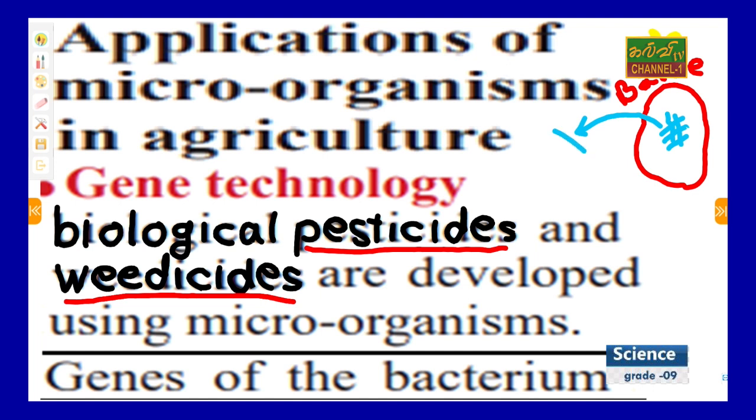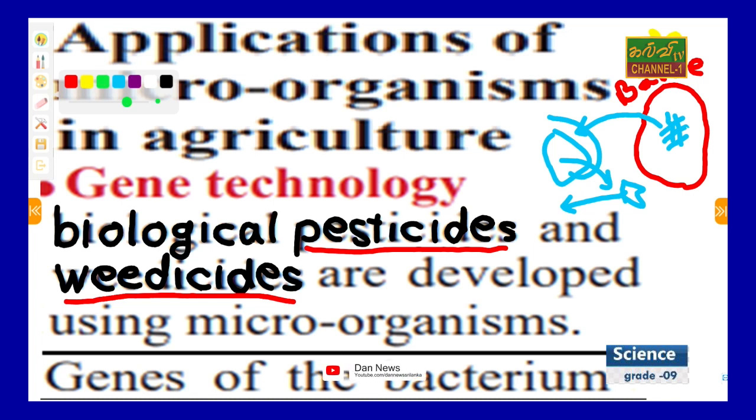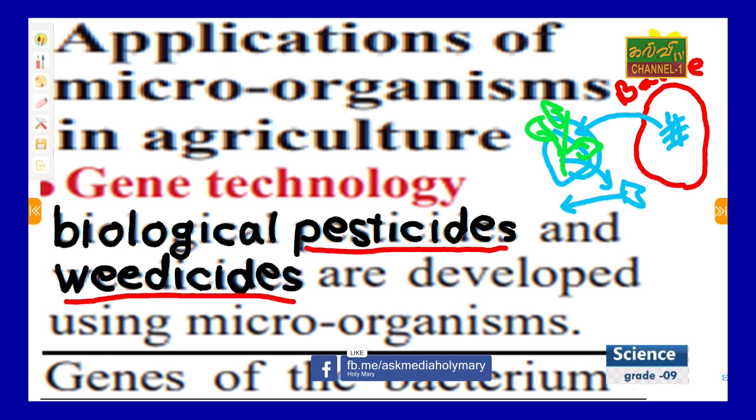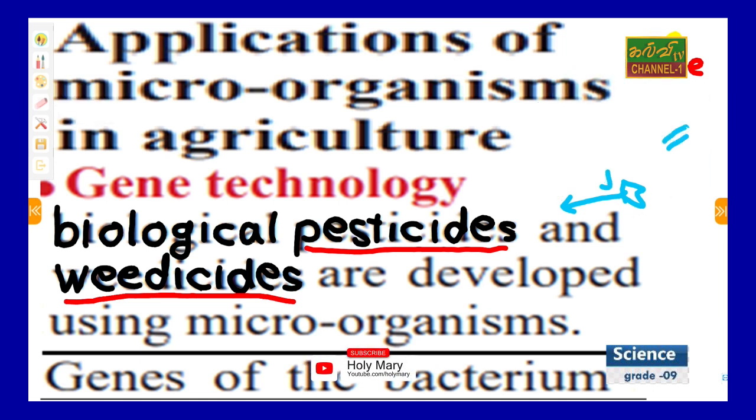Inject it into another organism, and that organism can sometimes produce substances that can kill the pest. Sometimes our new plant is also resistant to the pests. A new species of plant can be found, because the bacterium contains the effect against pests. Anyway, now students can understand this technology.